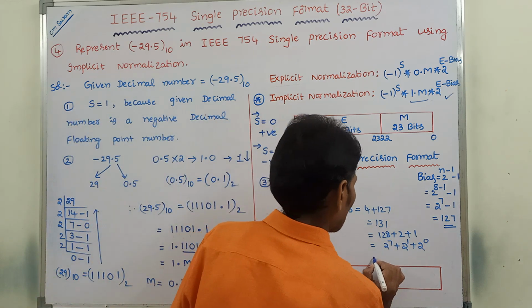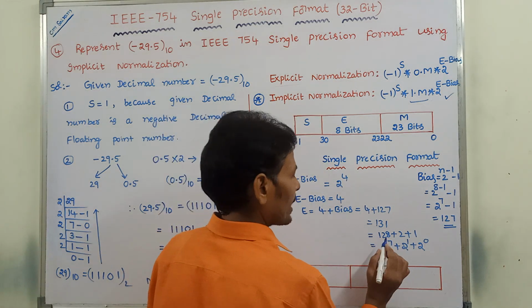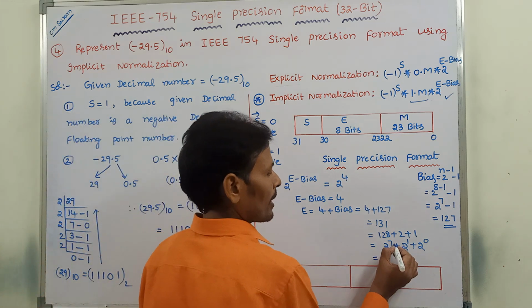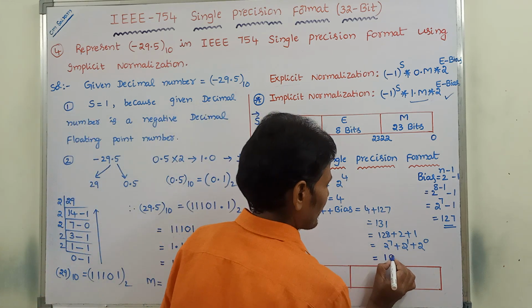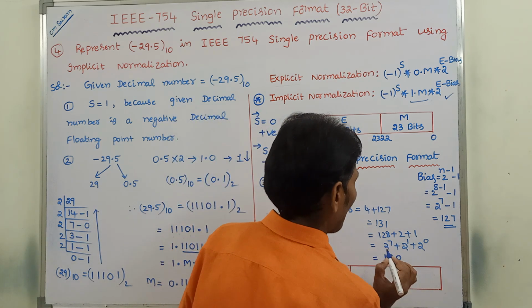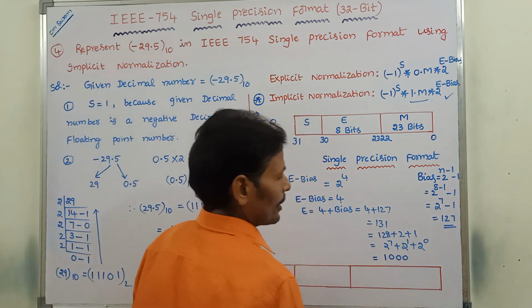Starting with 2 power 7, it exists, so its value is 1. 2 power 6 is missing, so its value is 0. 2 power 5 is missing, so 0. 2 power 4 is missing, so 0.